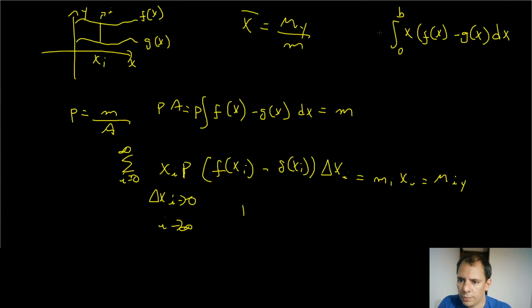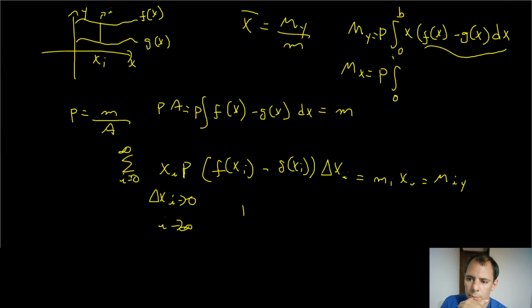So you have rho times this, which is going to be the integral, and all of this is going to be the area. So the laminar density times the area is going to be the mass times the x. So this is going to be the moment about the y-axis. Now let's say I want the moment about the x-axis. You also need this thing here, and you're going to do the integral also from 0 to b, and it's going to be dx too.